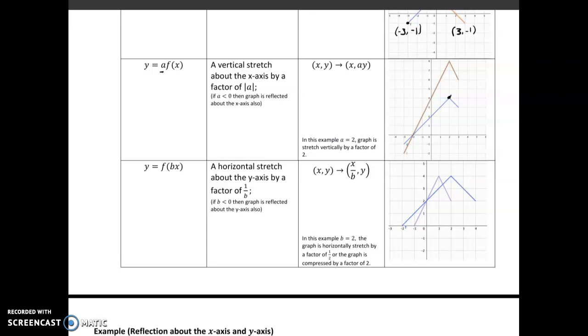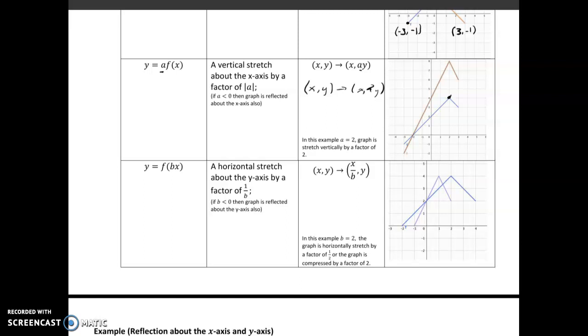So what happens? We are saying simply we multiply the y values by a. If a is 2, we take point x comma y, in this specific example, and it now becomes point x, 2y.